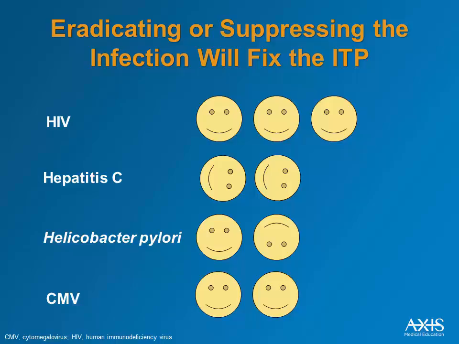The hepatitis C story remains to be worked out, but seems to be a little disappointing in that eradication of hepatitis C does not seem to be synonymous with increases in platelet counts.